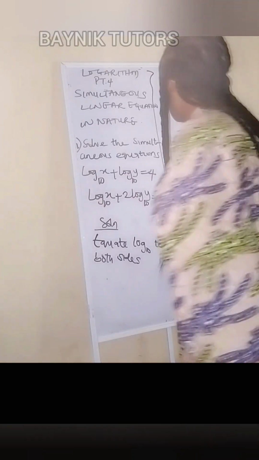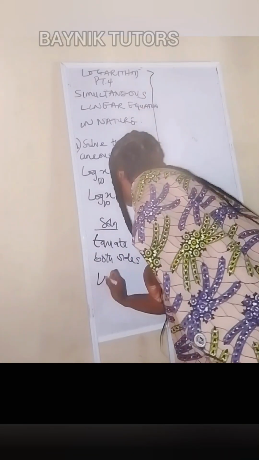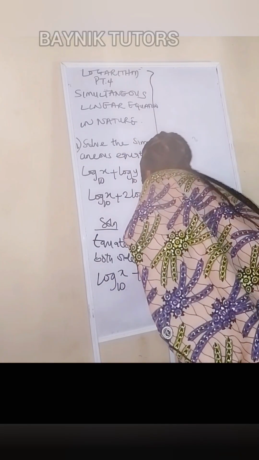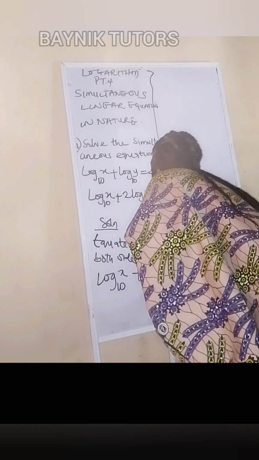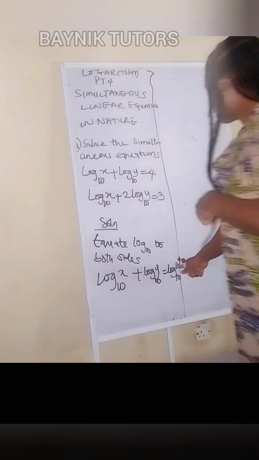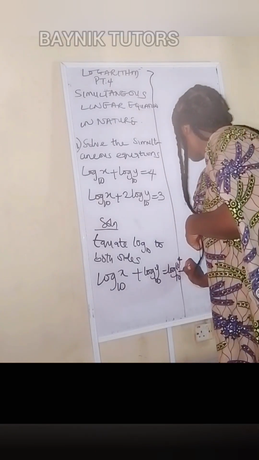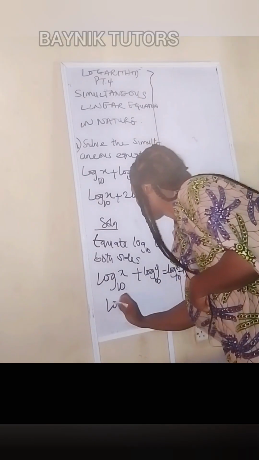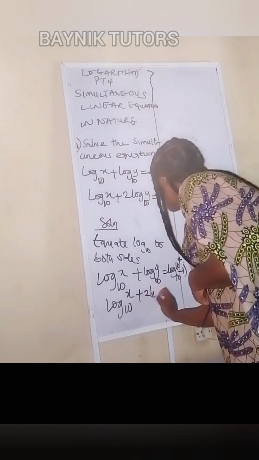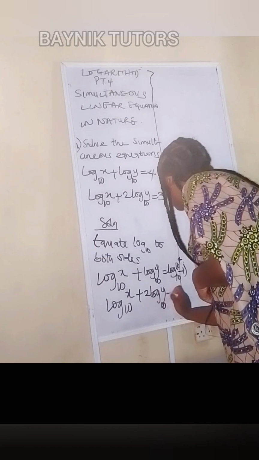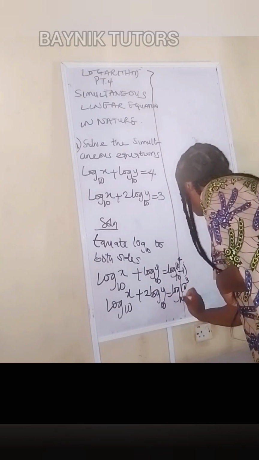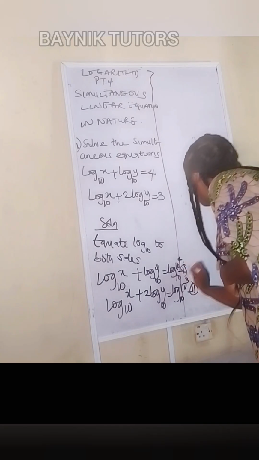So log x base 10 plus log y base 10 equals log 10 raised to power 4 base 10. This is the first equation. Now the second one is log x base 10 plus 2 log y base 10 equals log 10 raised to power 3 base 10. This is equation 2.